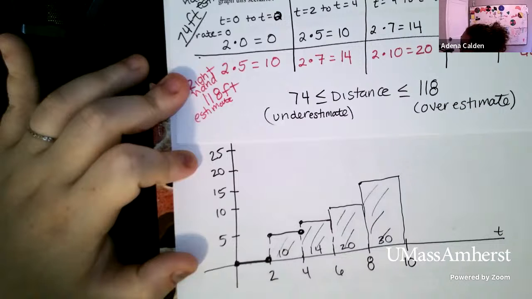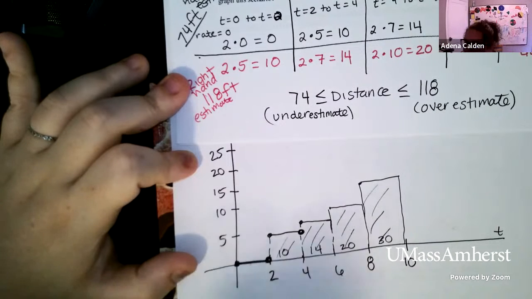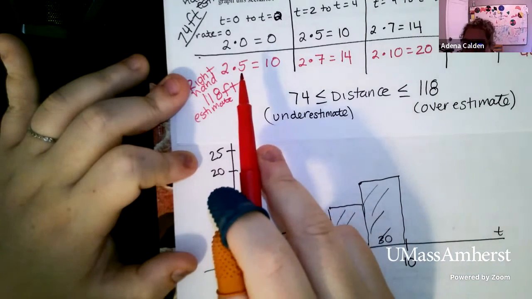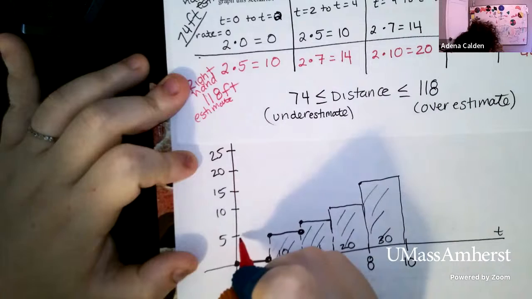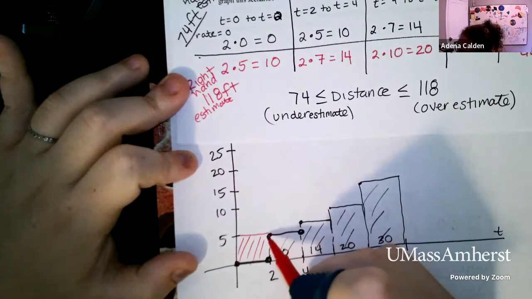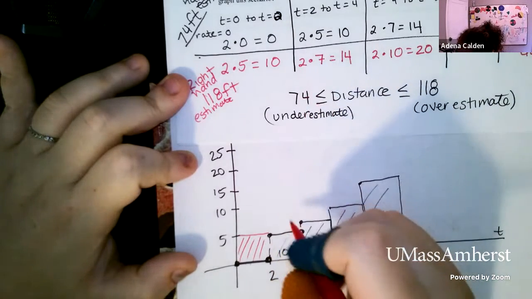Now, when we did this with a right-hand approximation, we changed a little bit what we were doing. So for the first 2 seconds, we said that the rate was 5. So we're up here from time 0 to time 2. From time 2 to time 4, we said that that was going to be 7.